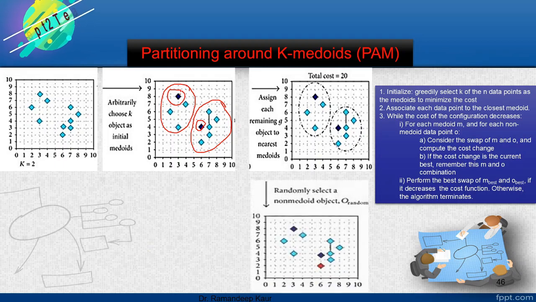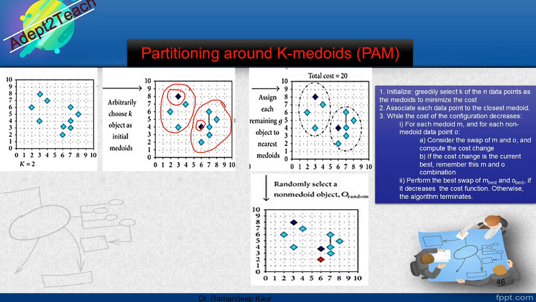So let's say in this iteration, this was my medoid, this was my medoid. Now here I have located one more value for this particular cluster, identified that this is a more centrally located value. Now I will have to compare the cost when I treat this value as the medoid and when I treat this value as the medoid.